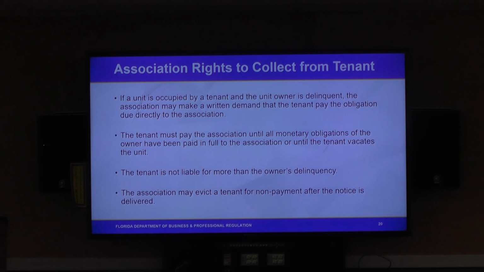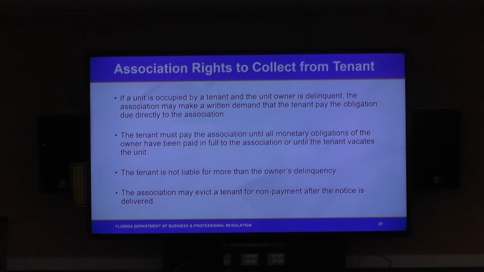After receiving the association notice, the tenant is not liable to the owner or landlord for any rent paid to the association instead of the owner. The tenant's payment to the association begins the month following the notice being sent. The tenant must pay the association until all monetary obligations of the owner have been paid in full or until the tenant vacates the unit.